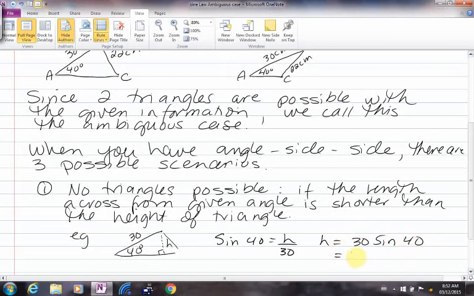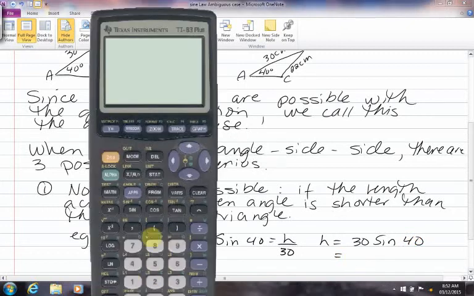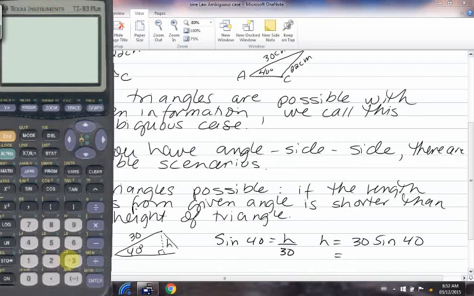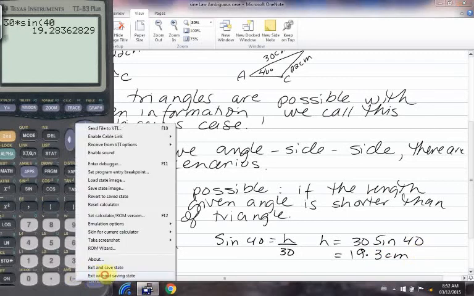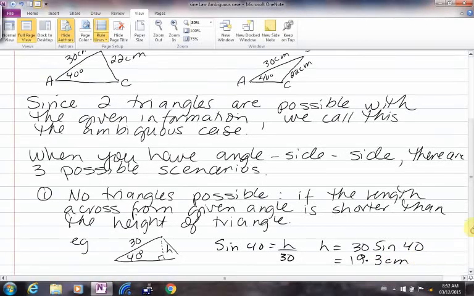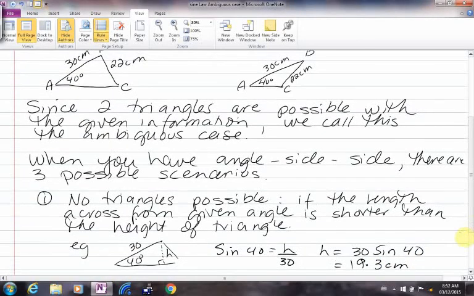So in this example, 30 times sine 40 is 19.3 centimeters. So we know that 22 is long enough to make a triangle.